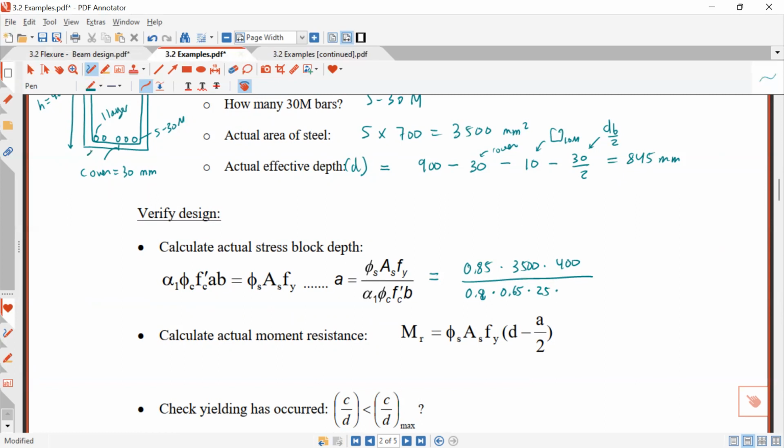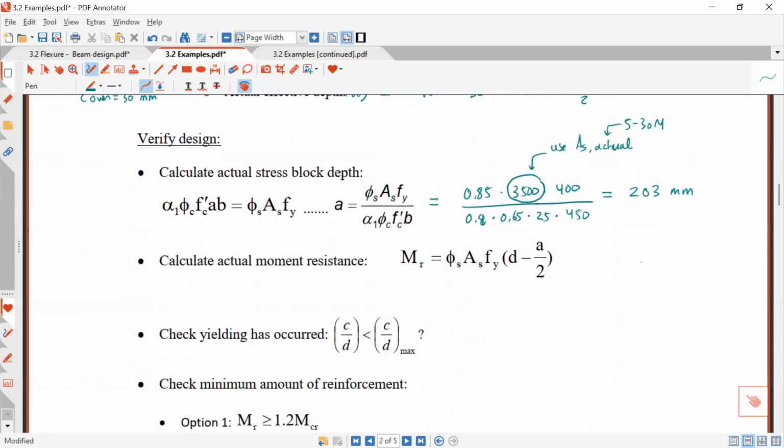And then the B, which in our example was 450, times 450. Okay, so everybody sees here what I'm putting in. Use AS actual, what we used for design based on the 530M. Okay, so if I do this, I'm going to end up with 203 millimeter.